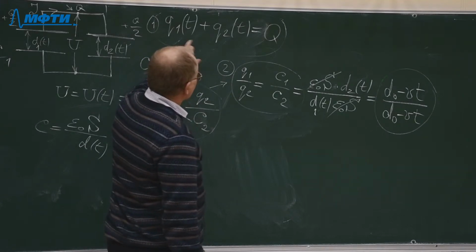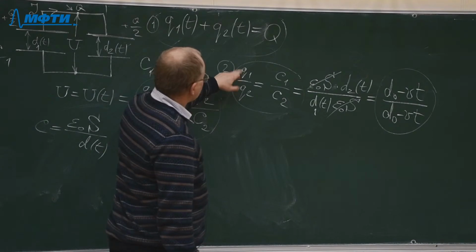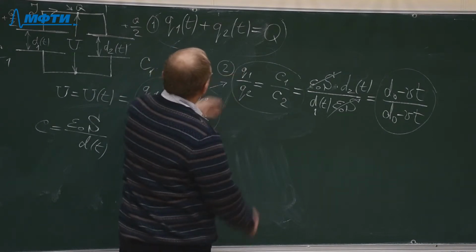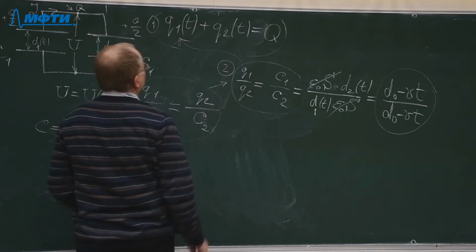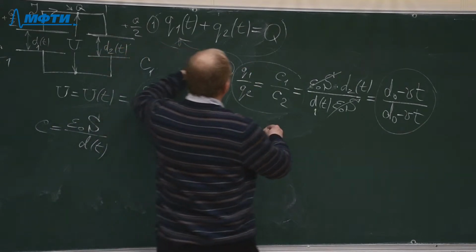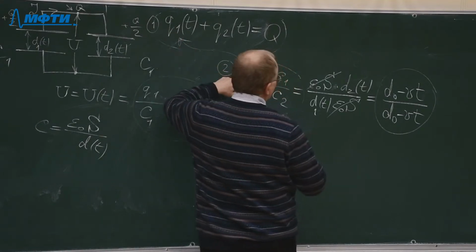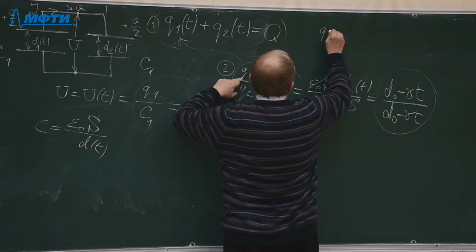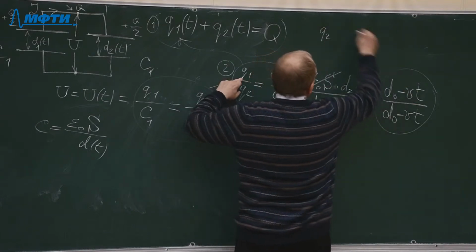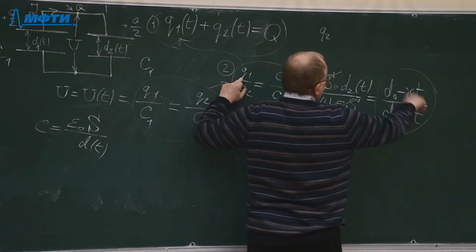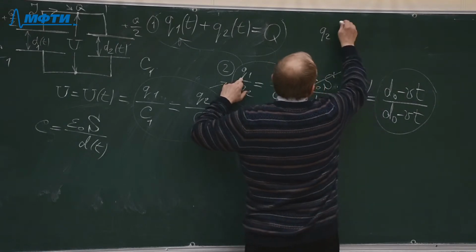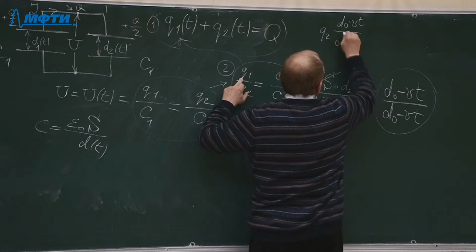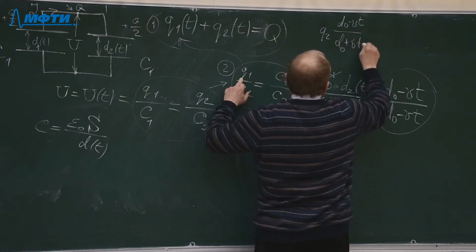So we can take the q1 from the second equation and substitute it into the first equation. Instead of q1 here, I will take its expression from the second equation. That will be q2 times this quotient, which is d0 minus vt divided by d0 plus vt.